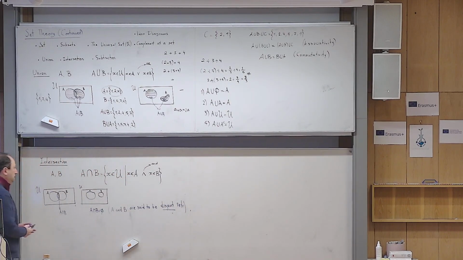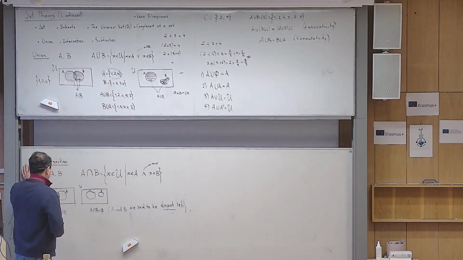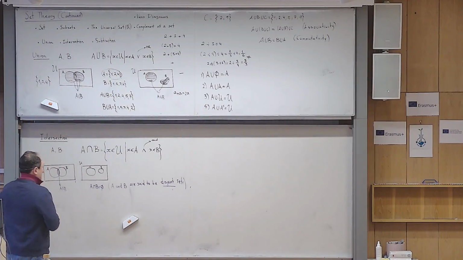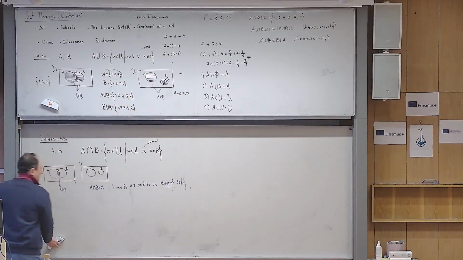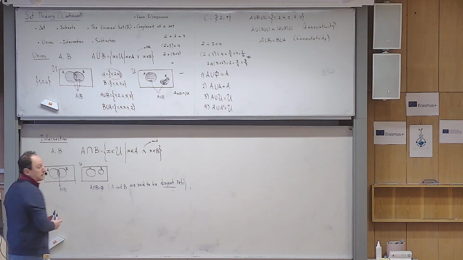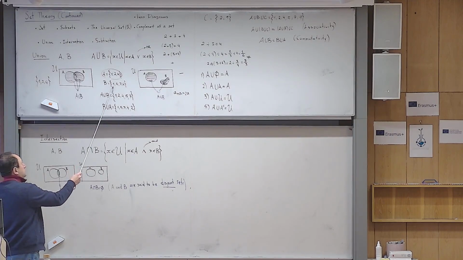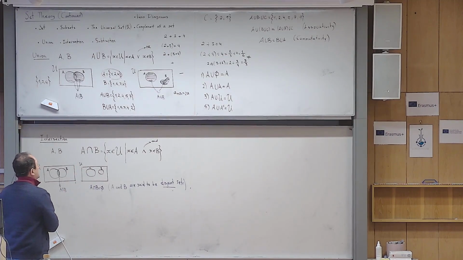Okay? And if I want to give you a little bit more concrete example, say that these are the sets that we have here. Let us just use them. Here, this is my set A, this is my set B. Now I want to find the intersection.